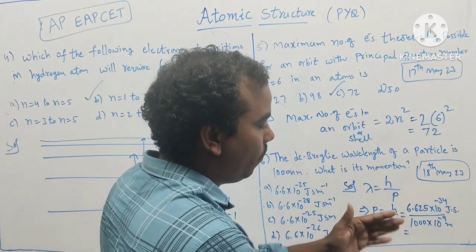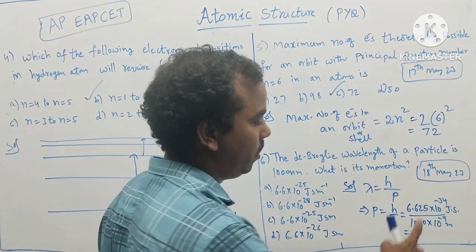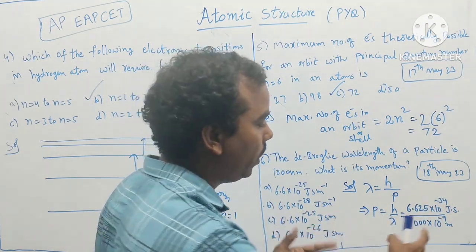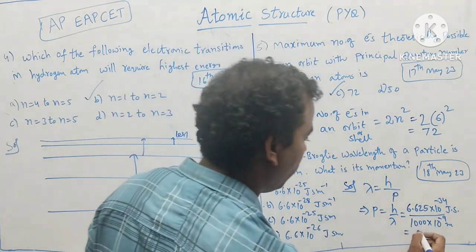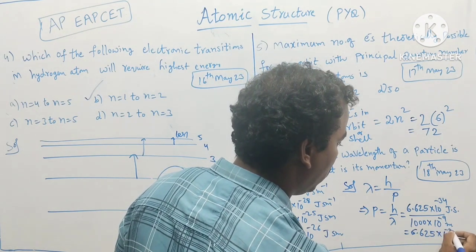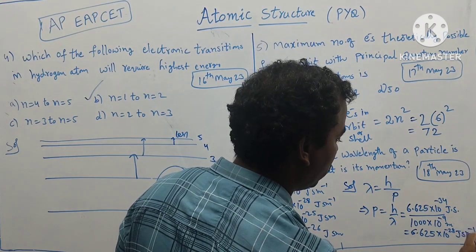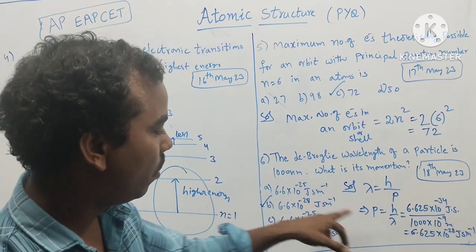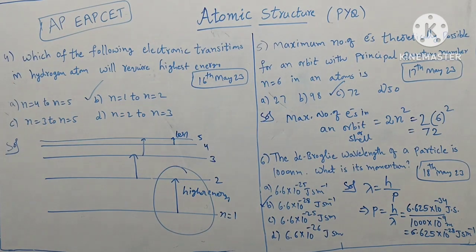If 10 power minus 6 comes from the denominator to the numerator, it becomes 10 power plus 6. 10 power minus 34 into 10 power plus 6, that means 10 power minus 28. So the answer is 6.625 into 10 power minus 28 joule second. It is important, units are important here. Joule second meter inverse. So the answer is 6.6 into 10 power minus 28 joule second meter inverse. Very easy one.